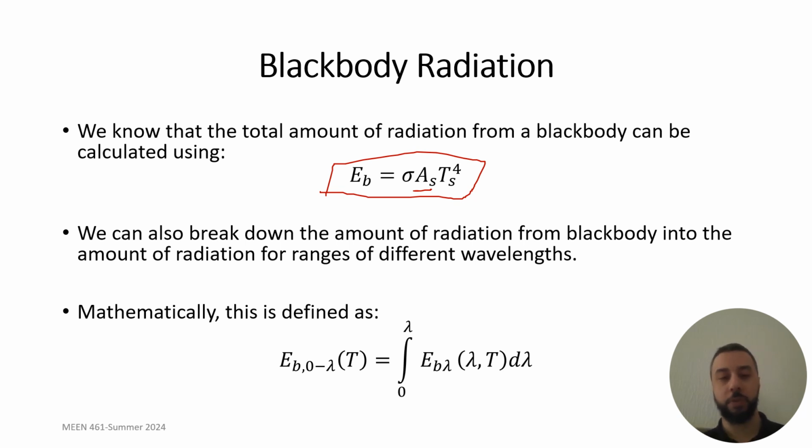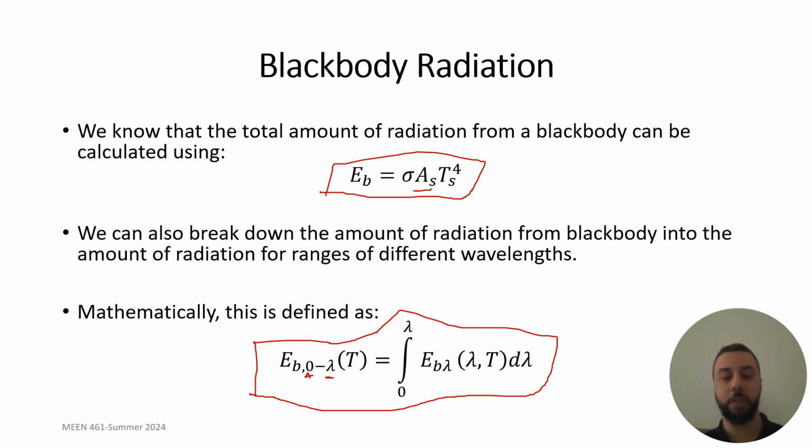The total is just defined by this equation. This is the amount of radiation heat transfer for a black body going from zero wavelength to a specific wavelength. And this is just the integral of the areas of the charts that we saw two slides ago. So there is an integration, but we're not going to do any integration, and I'll show you how we'll take care of these integrations.